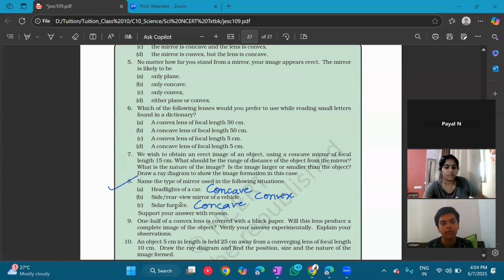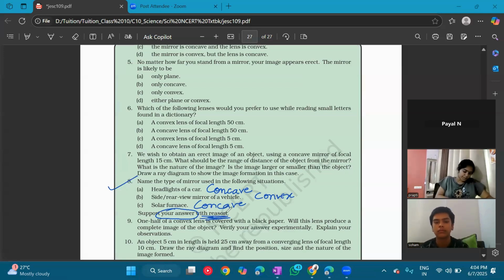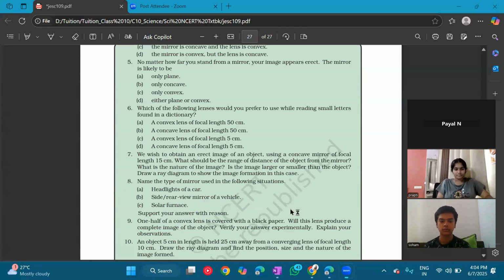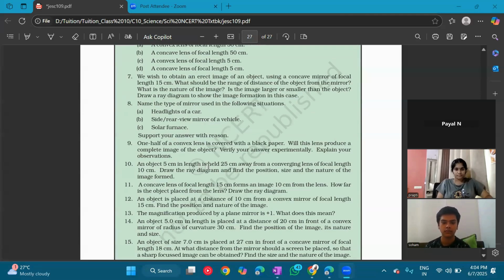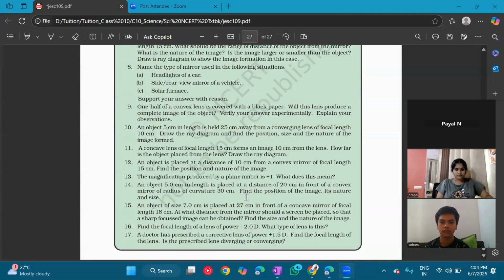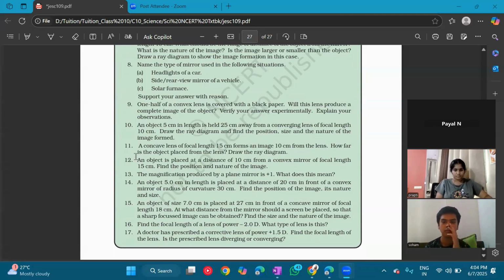And then you have to support your answer with the reason. Now, do you remember? Reason, yesterday I scolded Prapti, then Soham for not listening when I was telling you the answer for this question. Yes? Now, this is again lens. This is again lens. Mirror. Come to the 12th one.